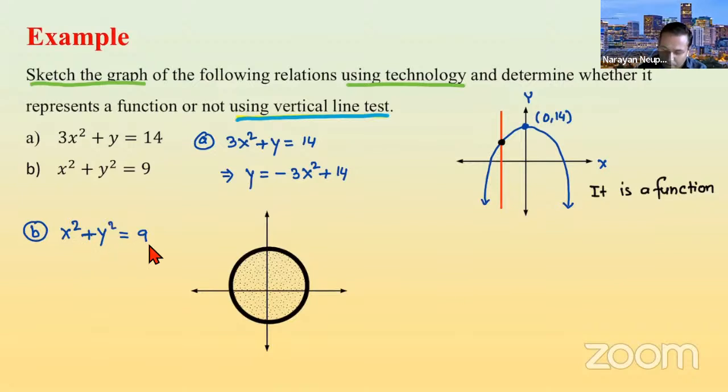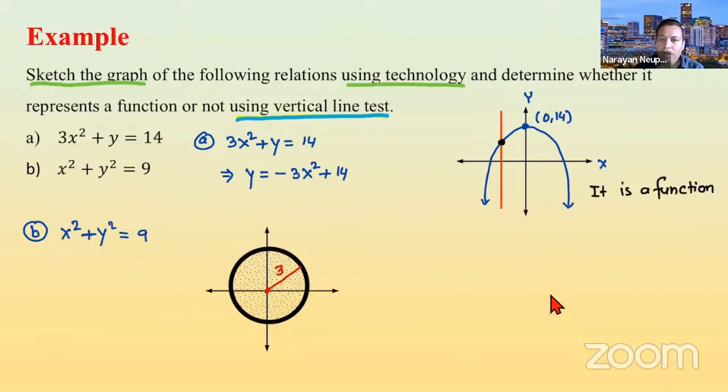It represents a circle centered at origin and radius 3 units. The center of the circle is here at the origin, and the radius of this circle is 3 units, because here we have a 9, which is the radius squared.